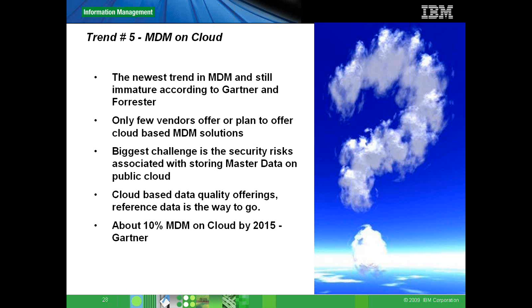And keeping this in mind, what makes more sense for the organization is to go for cloud-based data quality offerings instead. For example, use of data matching tools hosted on the cloud makes perfect sense. And so is the reference data provided on the cloud.